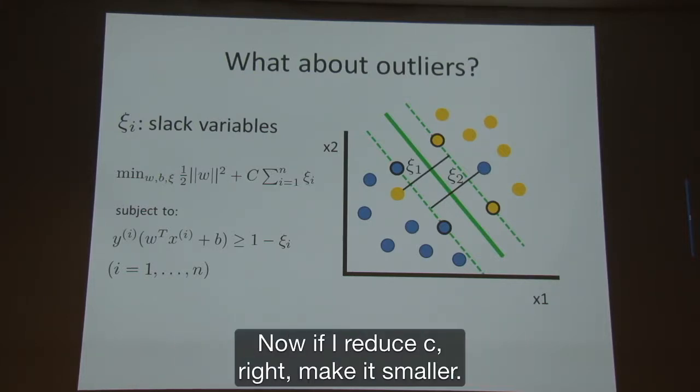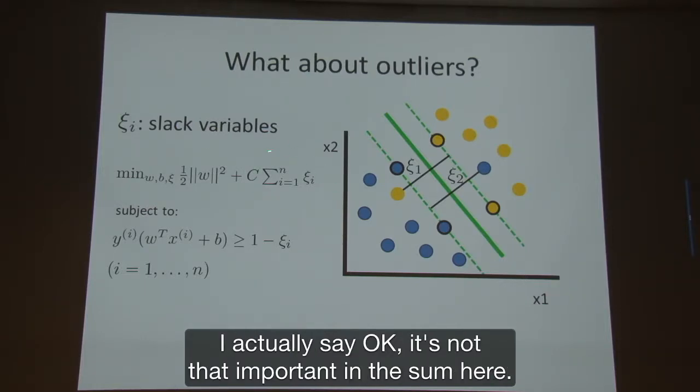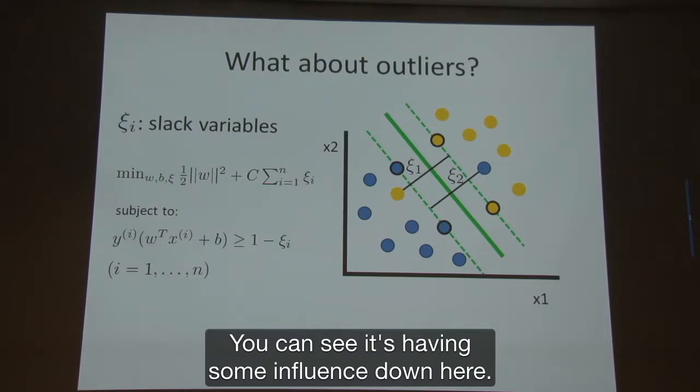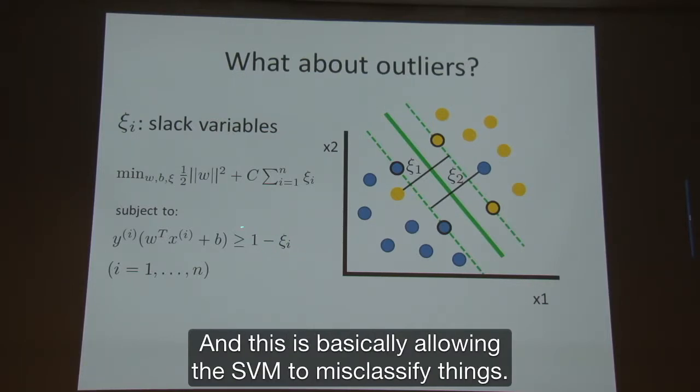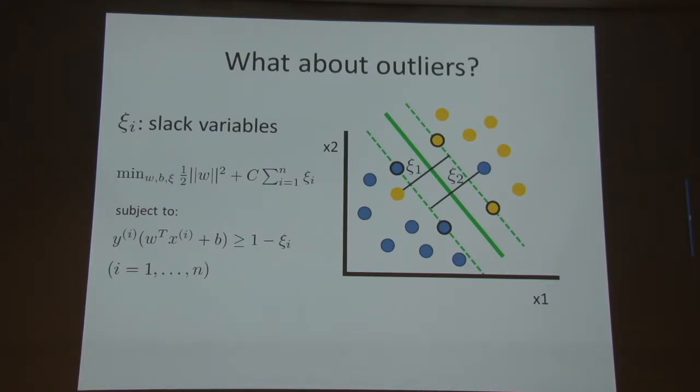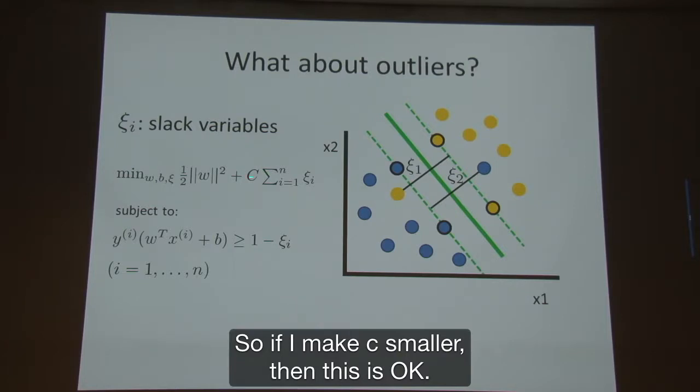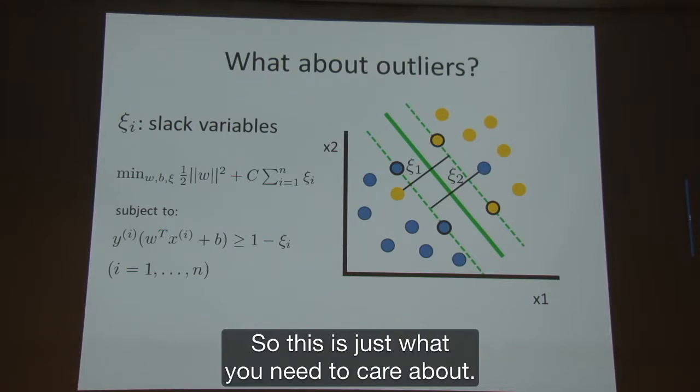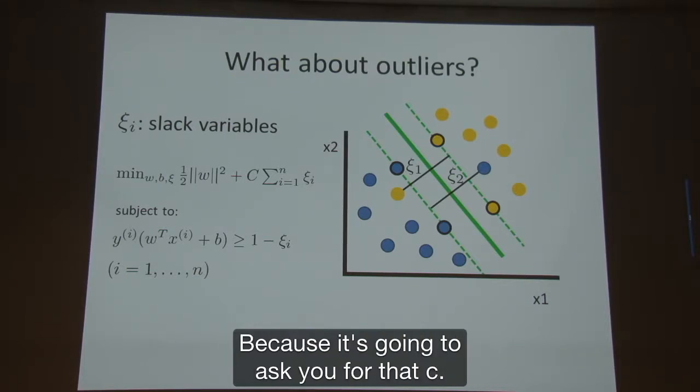Now if I reduce C, make it smaller, I actually say, okay, it's not that important in the sum here. You can see it's having some influence down here, and this is basically allowing the SVM to misclassify things. So if I make C smaller, then this is okay. So this is just what you need to care about, because it's going to ask you for that C.